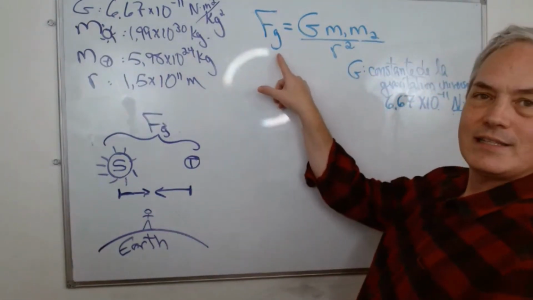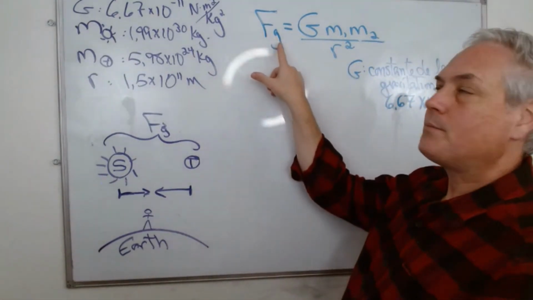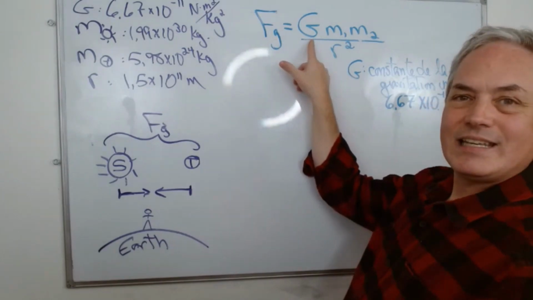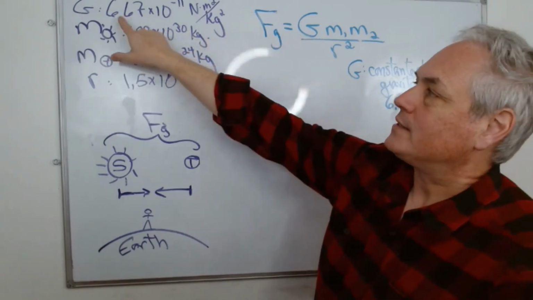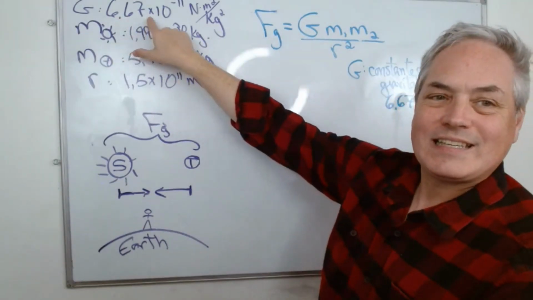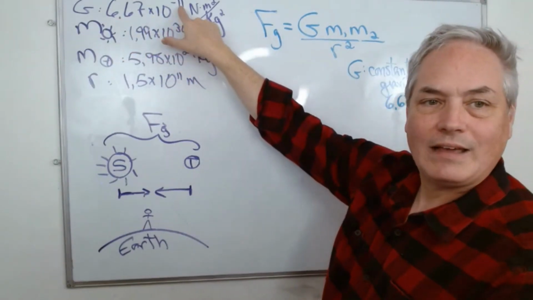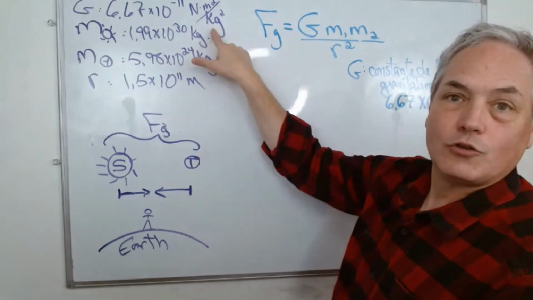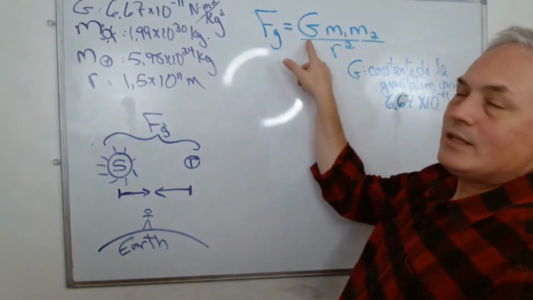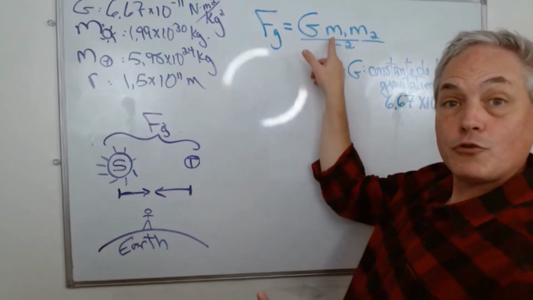And the equation is this one here. The gravitational force between two planets: here is the universal gravitational constant, and it's always 6.67 times 10 to the negative 11 Newton meter square over kilogram square. We need to multiply this by the mass of the first object.